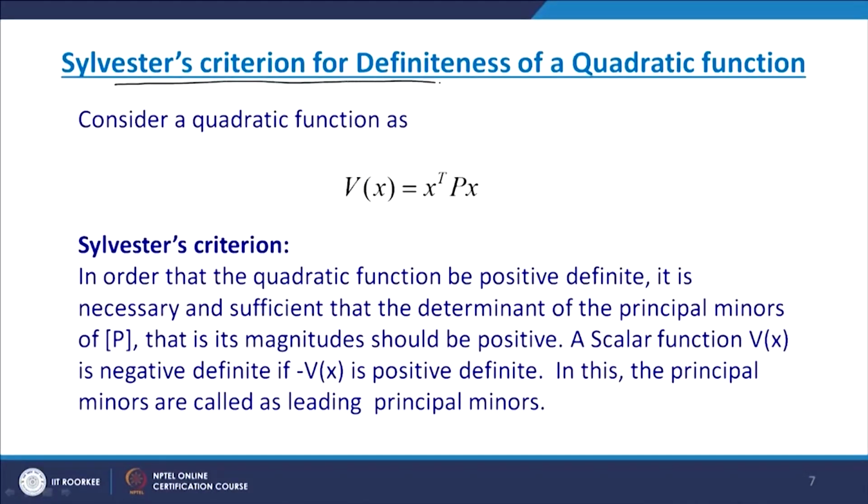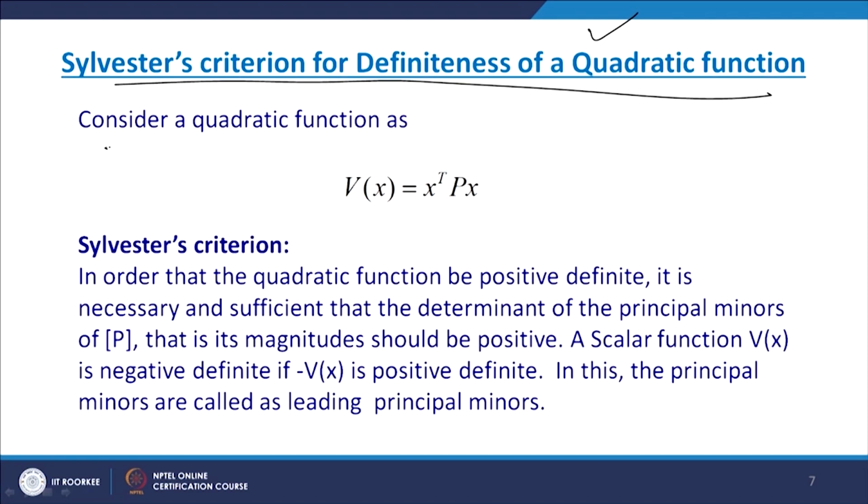For that purpose, in the literature one well-famous criteria is there, called the Sylvester criteria, and that criteria is useful in order to determine the definiteness. Definite means whether the roots or eigenvalues are on the left side, right side, or particularly at the origin. Sylvester criteria for definiteness of a quadratic function.